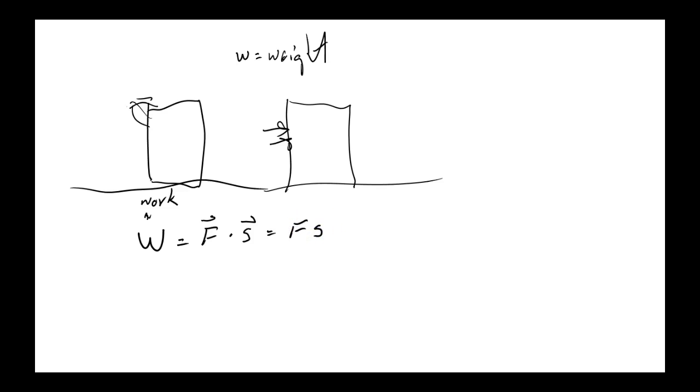Now here's the caveat that you need to know, that the book is not mentioning the vector quantity of it. I can push on this spool by pushing this way, by pushing that way, or by pushing that way. Now what did you notice?